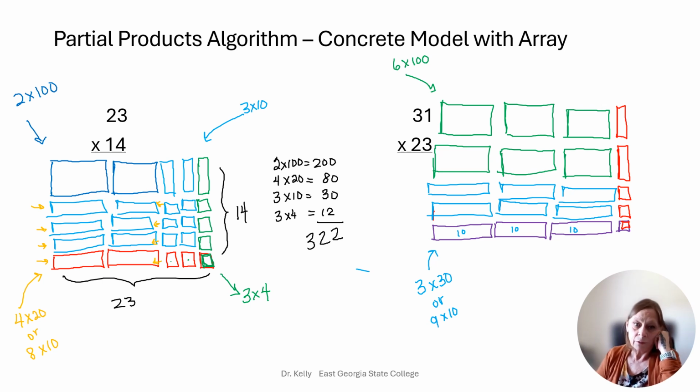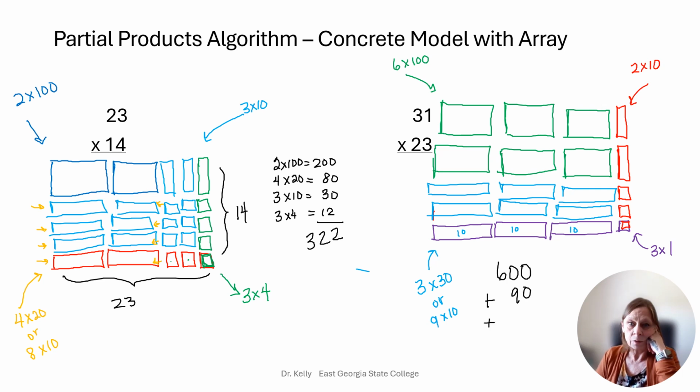Okay. Then up here in the corner, we've got some more longs here. That's 2 times 10 in the long department. And then down here in the bottom, we have 3 times 1. And so when we get this here, we'll have 600 plus 90 plus 20 plus 3. 3, 11, 7, 13.